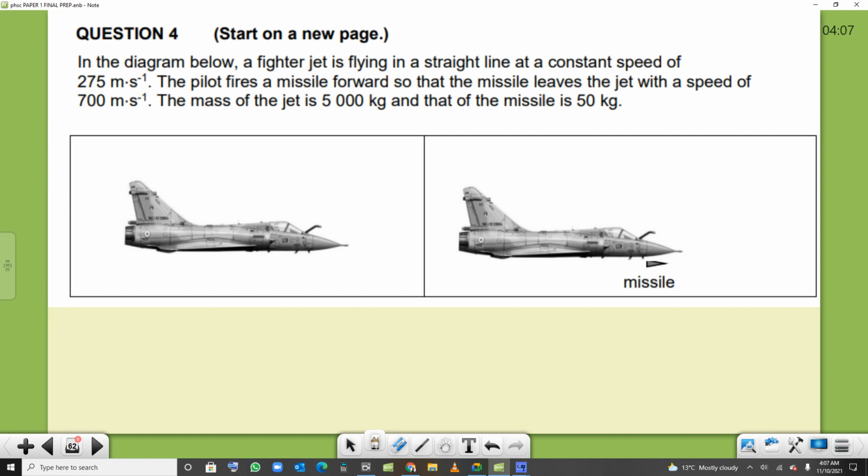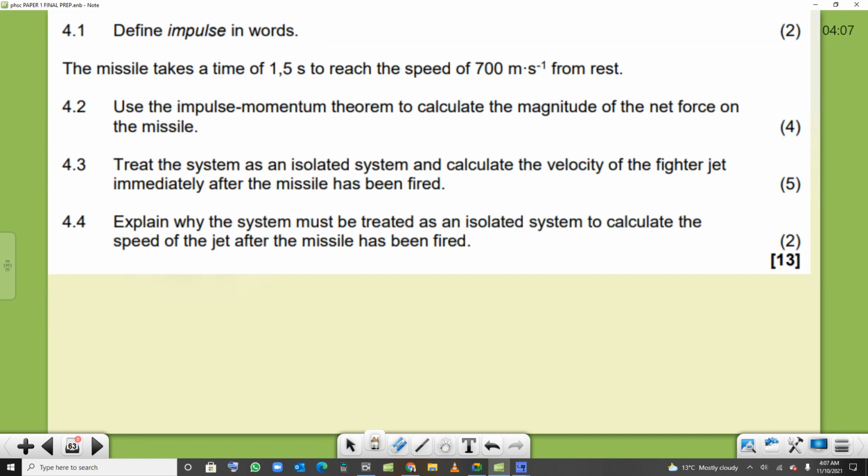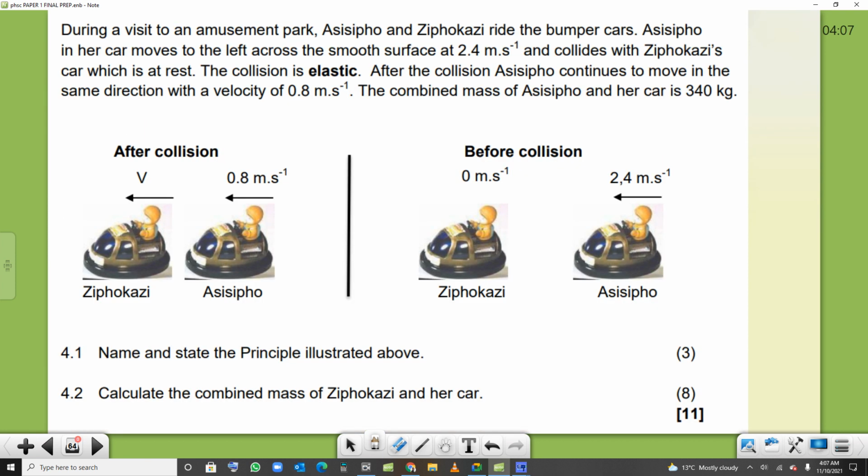A missile here. You know, guys, the questions are basically the same. This is the one. I'm sure everyone did this question. I just love the fact that it's a simultaneous equation. In case you want to go back to it, this is from KZN.